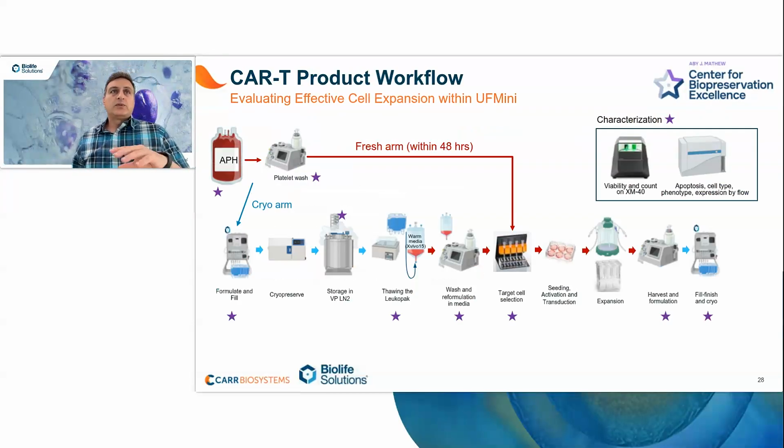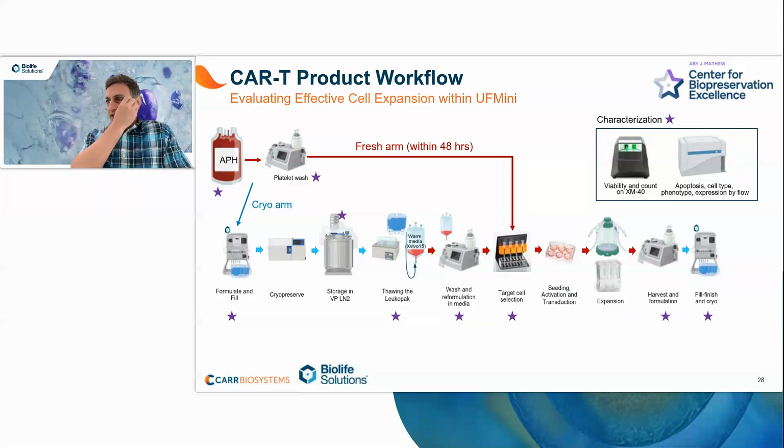As I said, the two arms of the study were: the fresh apheresis product comes into the lab anywhere between 16 to 24 hours after collection. And we had two arms of the study. One correction I need to make to this flow diagram is that the platelet wash with UF Mini was on the cryo arm, and the fresh arm actually went through the centrifugation process.